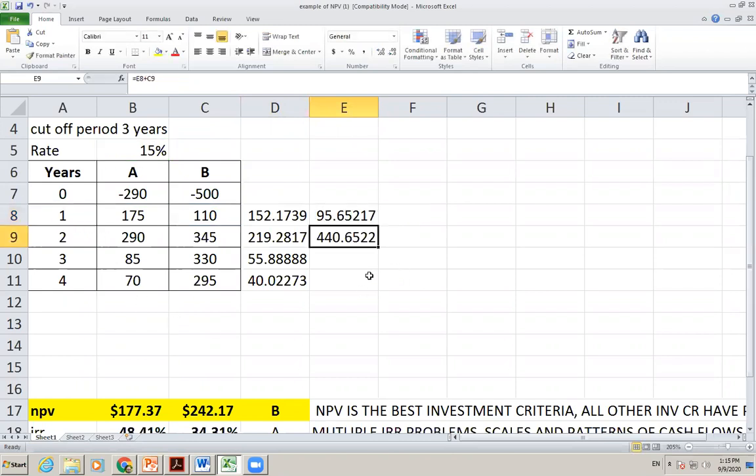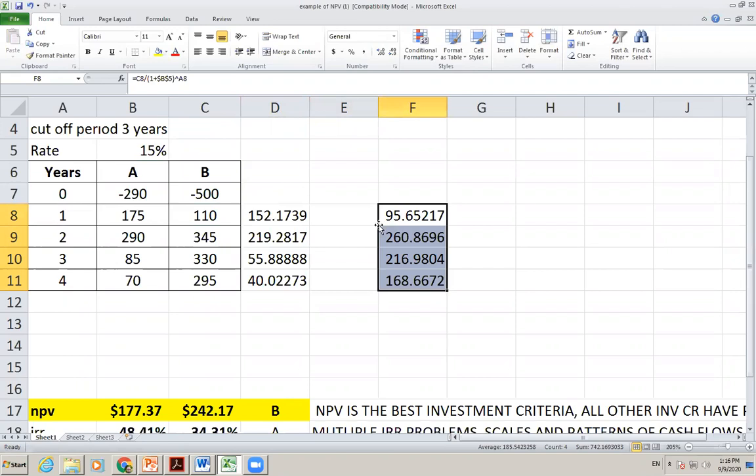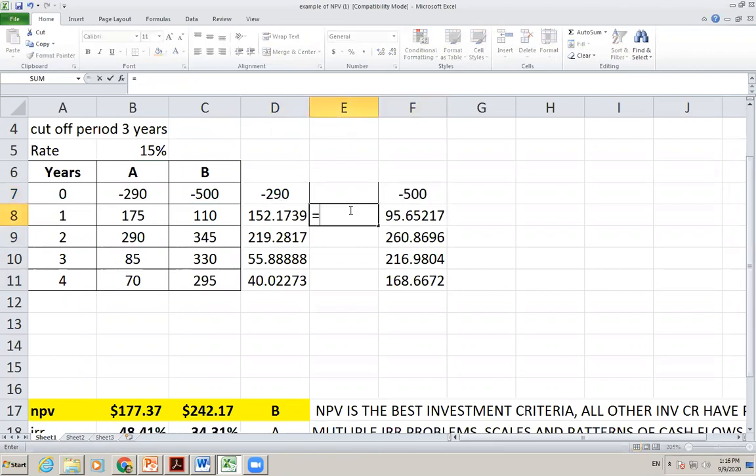Just scroll down. So in this way, you have to use minus 290, minus 500. So the payback rule, we proceed the same way. So 137 left.